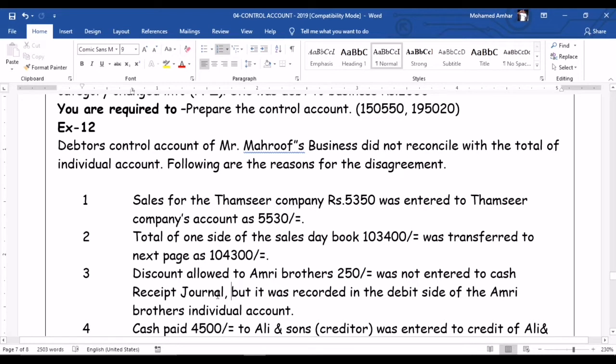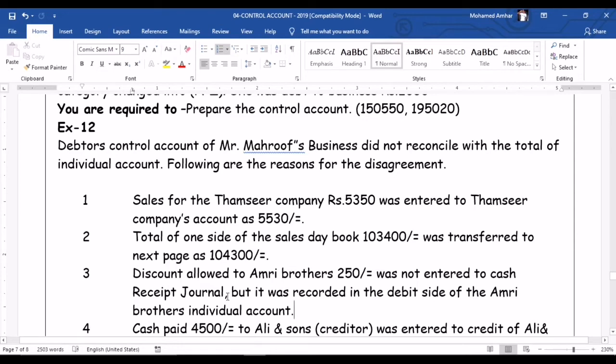But it was recorded in the debit side of the Amri brothers individual account. Amri is the particular debtor, so the discount allowed should be credited to Amri brothers. But erroneously it was debited.